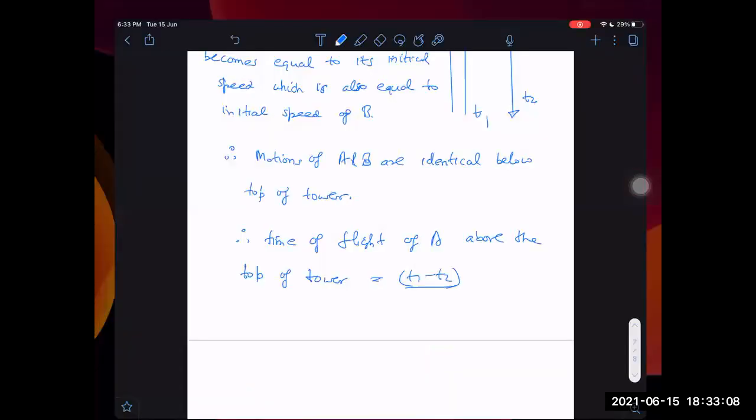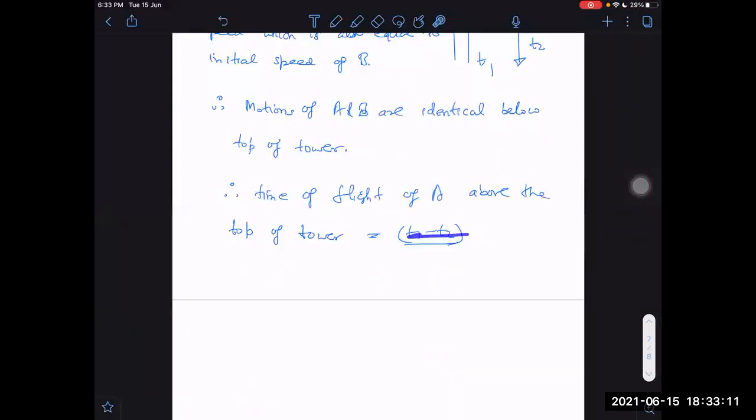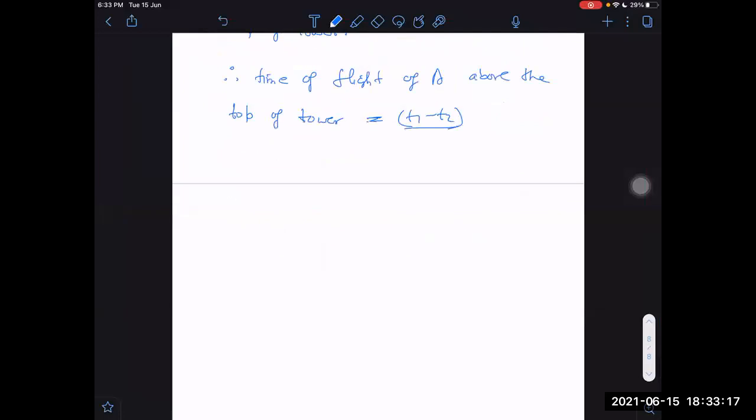This includes both times, time of ascent as well as descent. So including both these times, this will be t1 minus t2. What is the time of ascent in that? If I have to write separately, time of ascent is equal to time of descent, which will be t1 minus t2 by 2. Right? 50-50%: 50% to go up, 50% to come down.